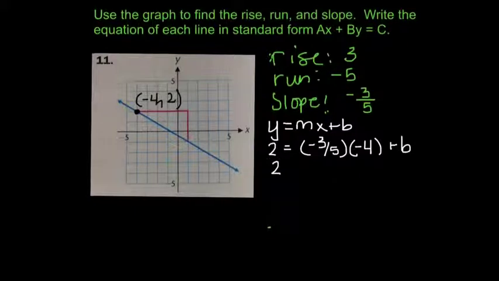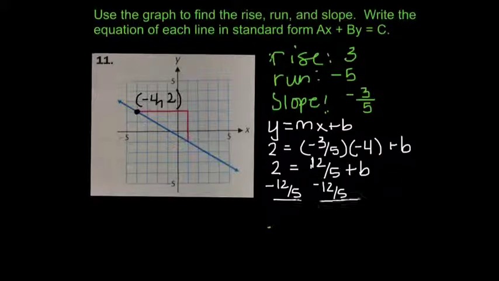So this gives me 2 equals +12/5 plus b. If I subtract the 12/5 from both sides, that would be 10/5 minus 12/5, so that's -2/5 equals b, which you can see is about right.